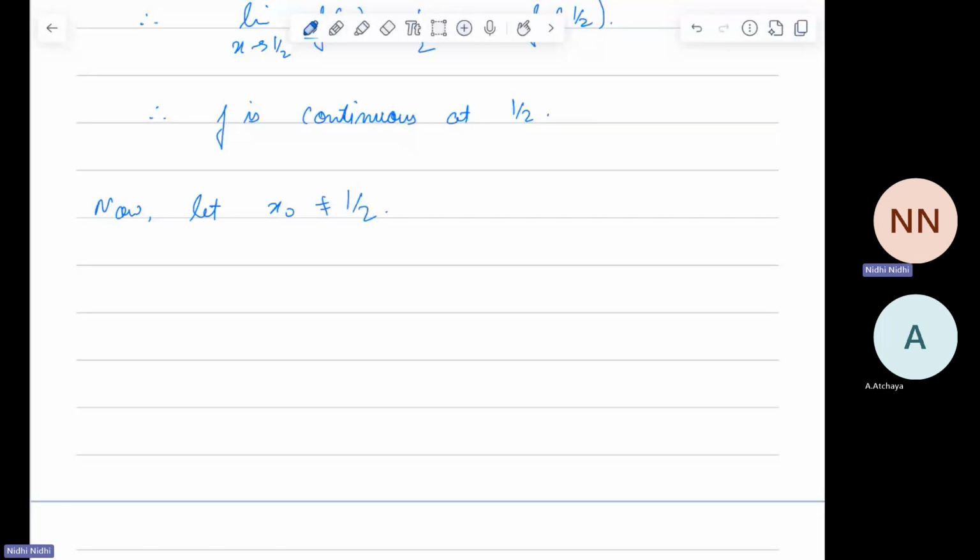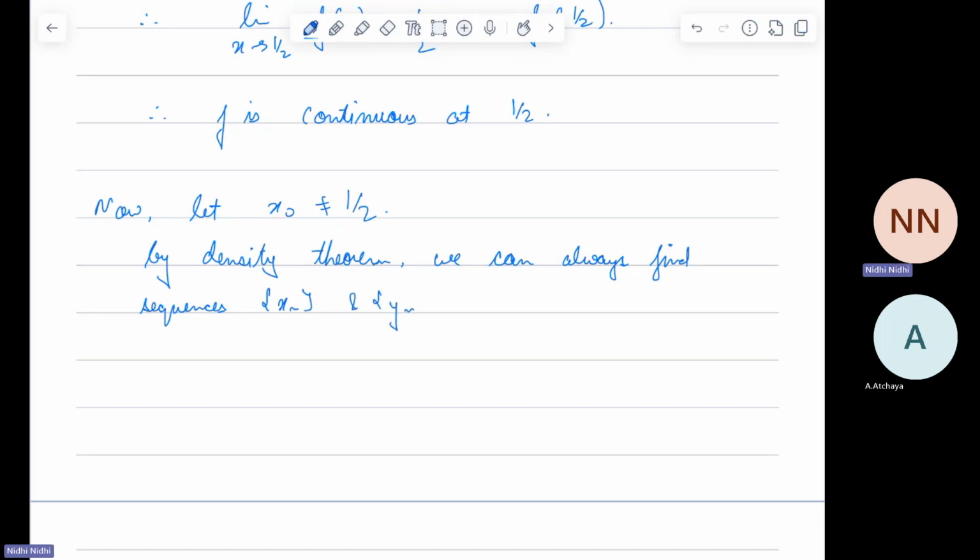Now by density theorem we can always find sequences xn and yn such that xn is rational for every n in N, and yn is irrational for every n in N, with limit n tending to infinity xn equal to x naught, which is also equal to limit n tending to infinity yn.